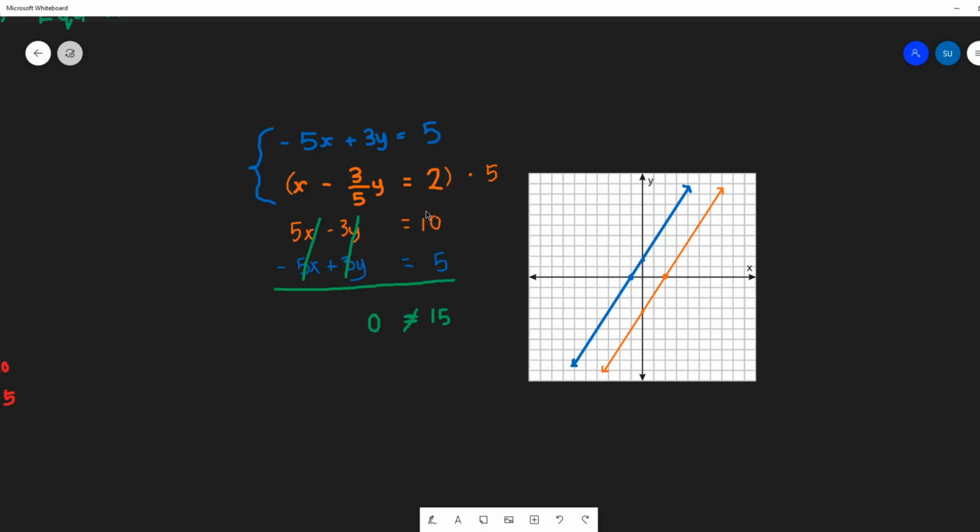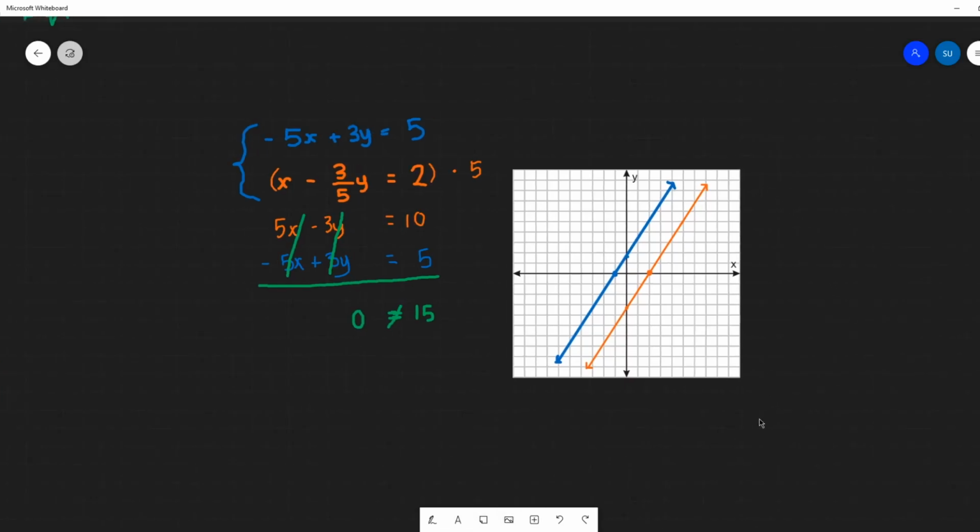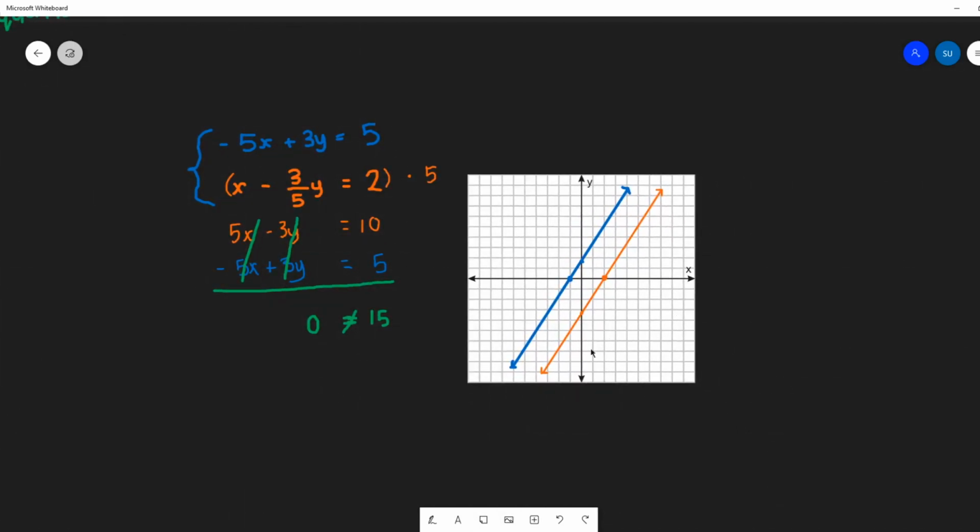So when you see that you have that same expression, that 5x minus 3y, but on the right side you have different numbers, then that's how you know that you're going to have no solution, because you can't manipulate one equation anymore to become like the other so that you can eliminate one side and evaluate the equation for one variable. So that's why these lines will never meet. That's why you'll never see a solution for this.